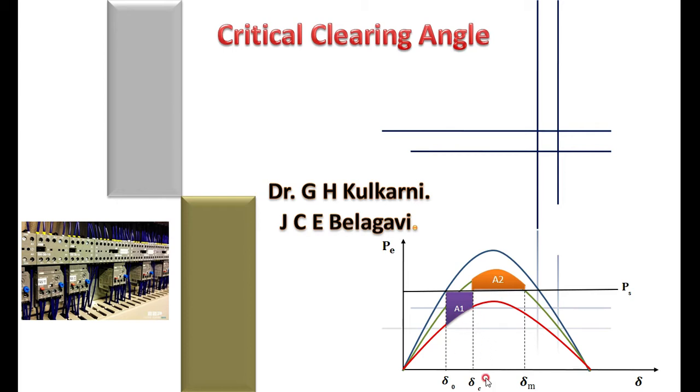Therefore, you have to determine the maximum angle at which you have to clear the fault so that the system remains stable. Beyond that value, the system is unstable. So, we now proceed to determine the value of the critical clearing angle for any given load condition.